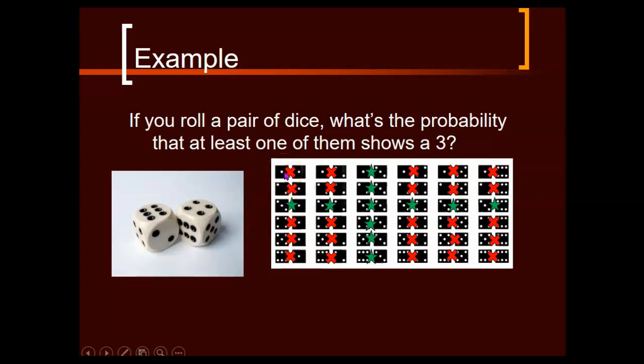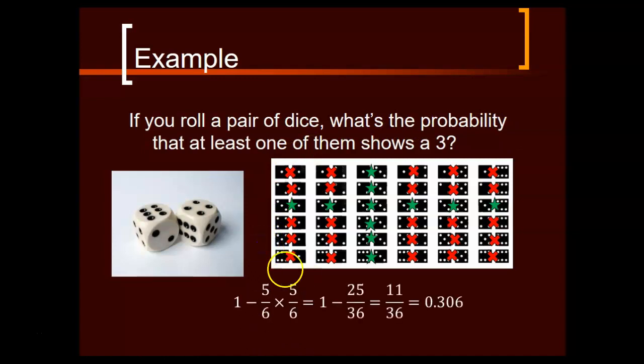There are 5 ways that the first one could be not a 3. It could be a 1, 2, 4, 5, or 6. And there are 5 ways that the second one could be not a 3. It could be a 1, 2, 4, 5, or a 6. So the probability of both of them not being 3, probability that the first one's not a 3 and the second one's not a 3, would be 5 over 6 times 5 over 6, which is 25 over 36.